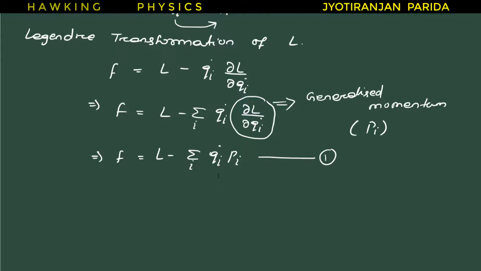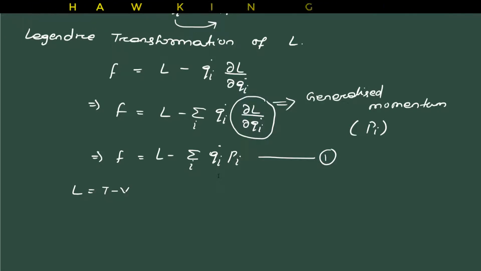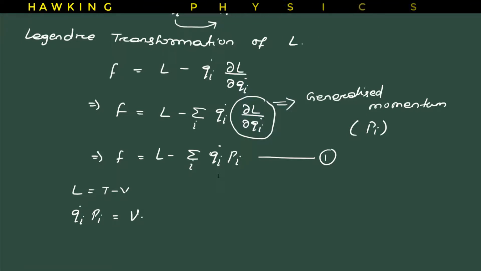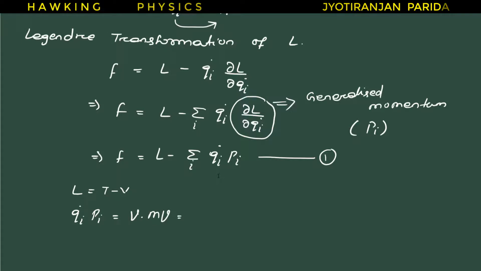Okay, then just see, we can directly put capital H, the Hamiltonian, in place of f. Why? Just see, we know the Lagrangian is equal to T minus V, yes or no? Then just write down qi dot pi: qi dot means velocity v, pi means momentum, that is mass times velocity mv, so this becomes mv squared.